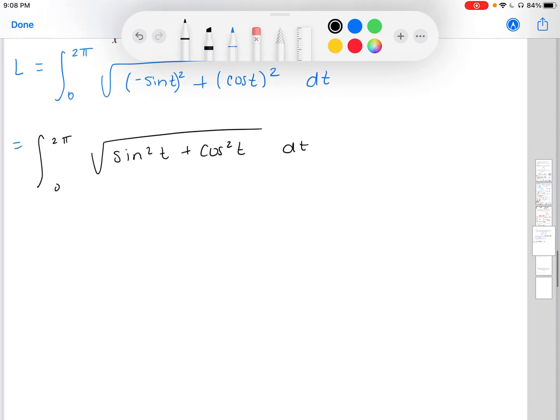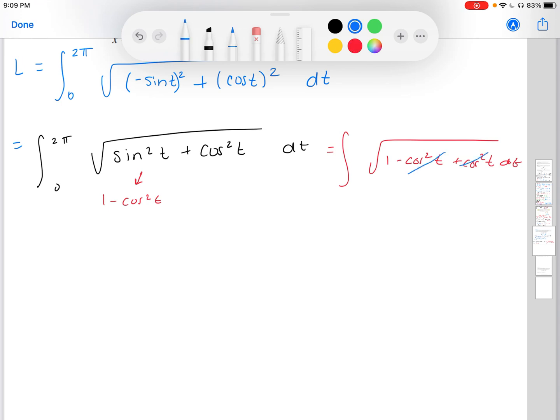All right, remember we can write cosine or sine using our Pythagorean identities. So sine squared is the same as 1 minus cosine squared. So we're left with 1 minus cosine squared t plus cosine squared t.